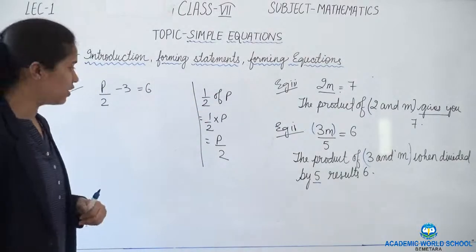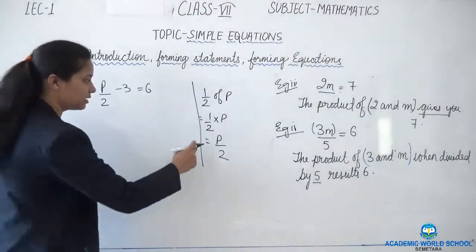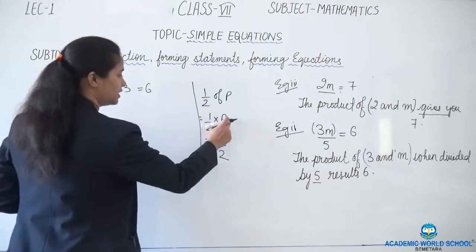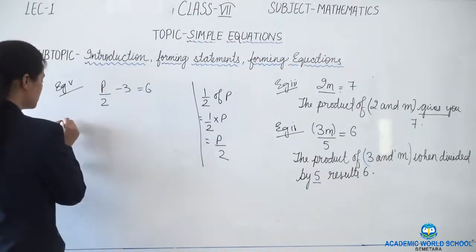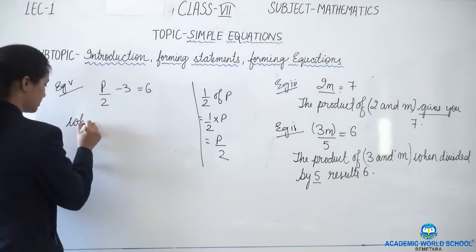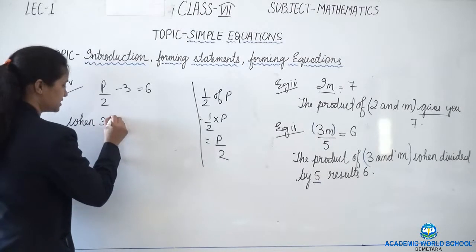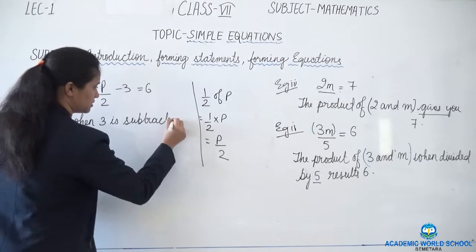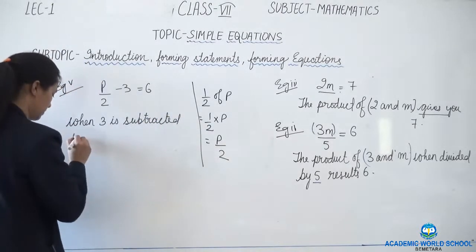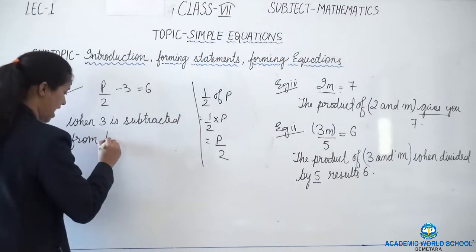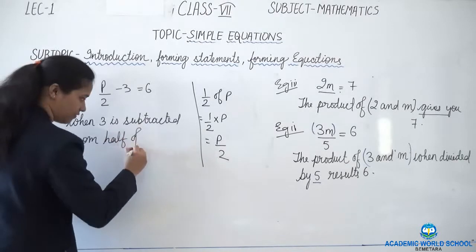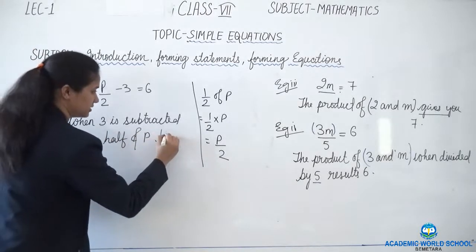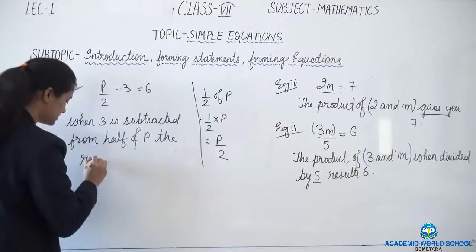Half of p, where of means the multiplication operator, 1 into p will give you p. So how will I write? When 3 is subtracted from half of p, the result is 6.